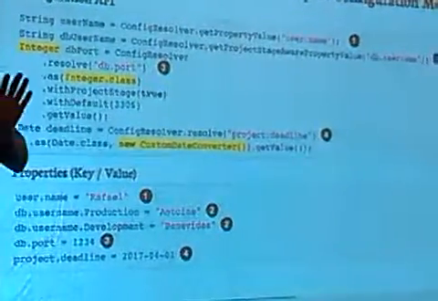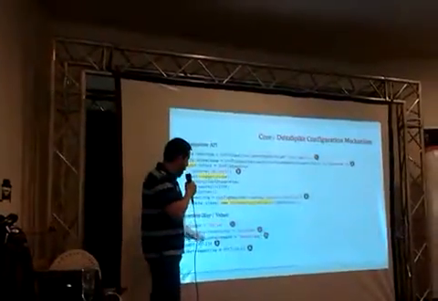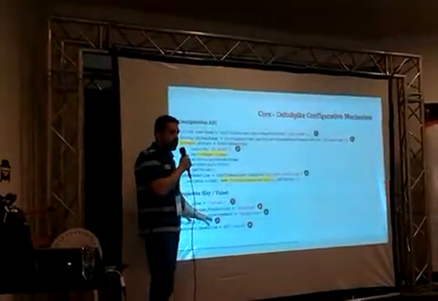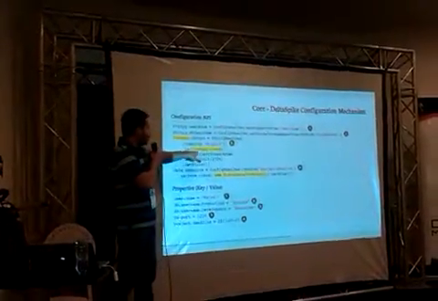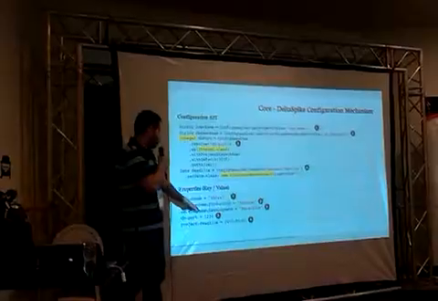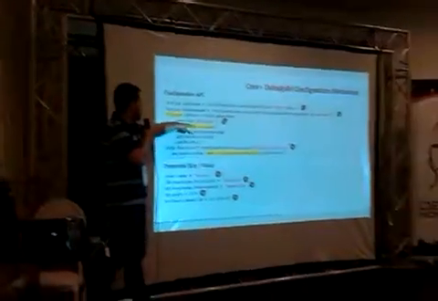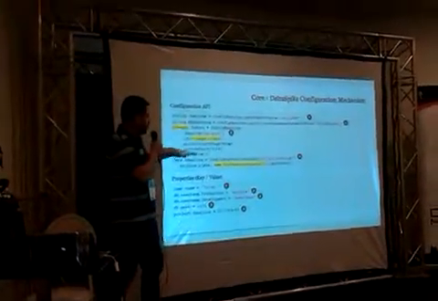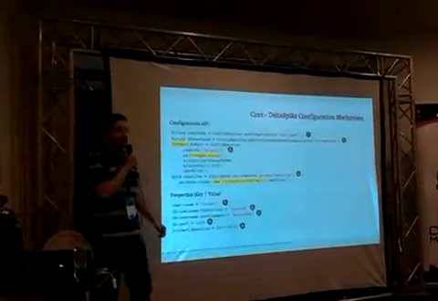But remember, we are talking about Java. Java is very type safe, and of course, I give to DeltaSpike strings most of the time. But DeltaSpike allows me to get a value as an integer, for example. Suppose that I want to get the port as an integer. I just need to say, resolve that value as an integer. And also it's possible, if it doesn't find any value in the configuration, to use the following default value.